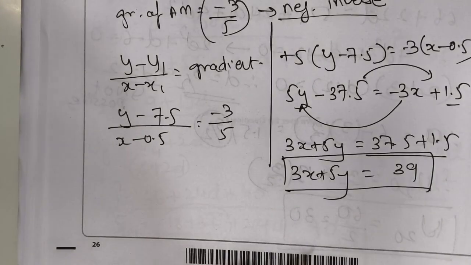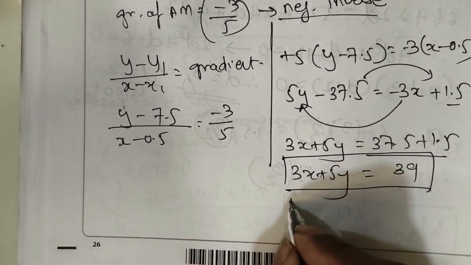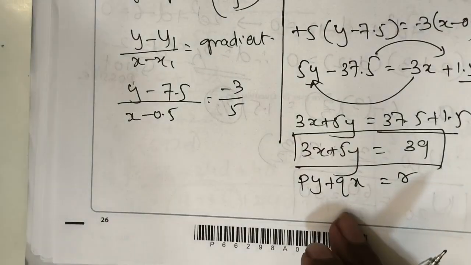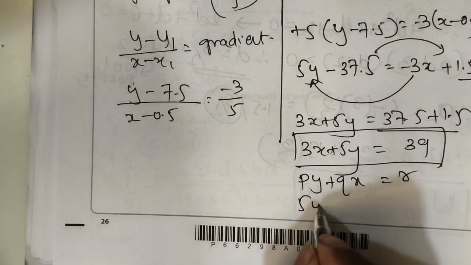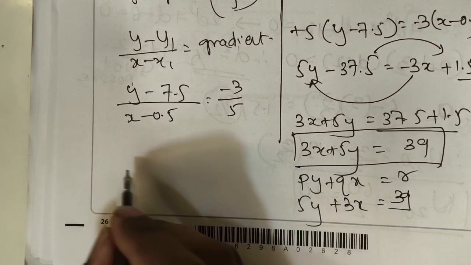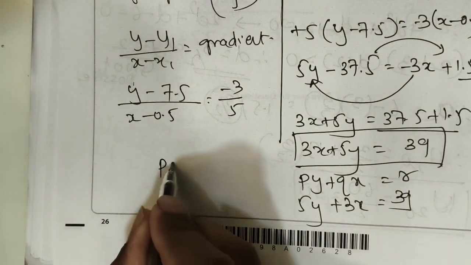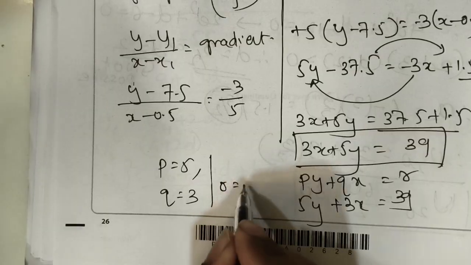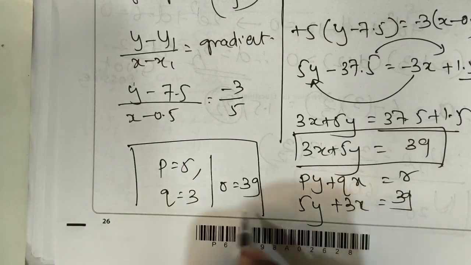So I arrange in the format py plus qx equals r. Correct? Just write it in the format 5y plus 3x equals 39. So my p equals 5, q equals 3 and r equals 39.